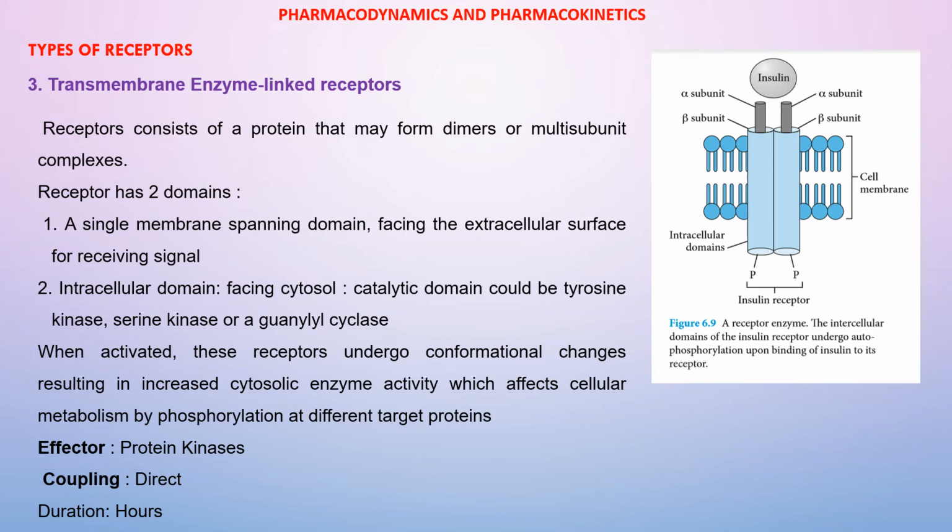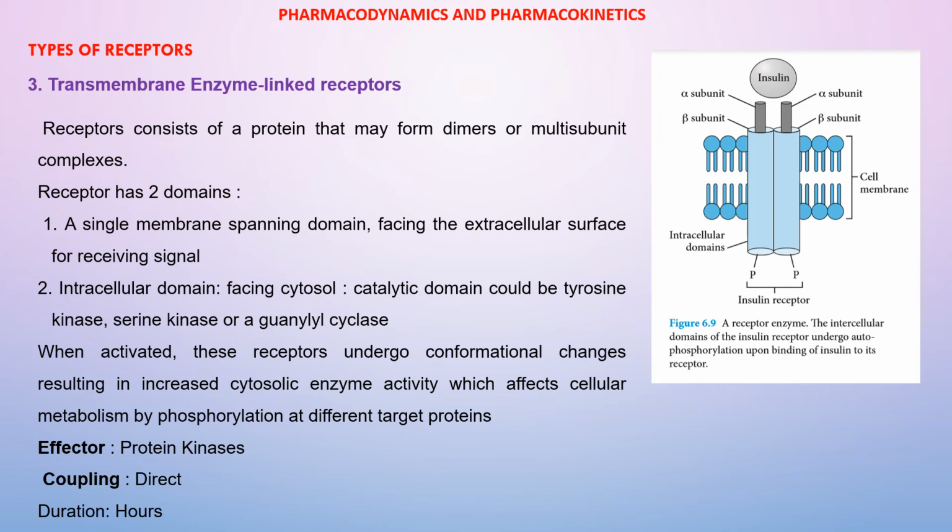Transmembrane enzyme linked receptors. In this case, the receptor consists of a protein that may form a dimer or a multi-subunit complex. The receptor here has two domains. One faces the extracellular surface of the cell where the binding of the ligand occurs, and the second is the intracellular catalytic domain, which is an enzyme like kinases.